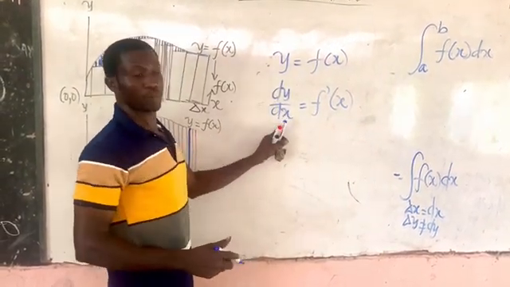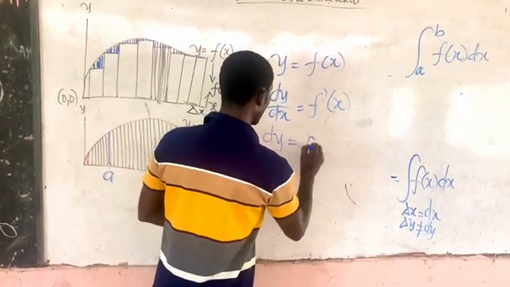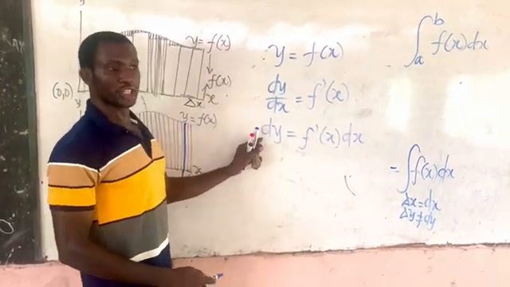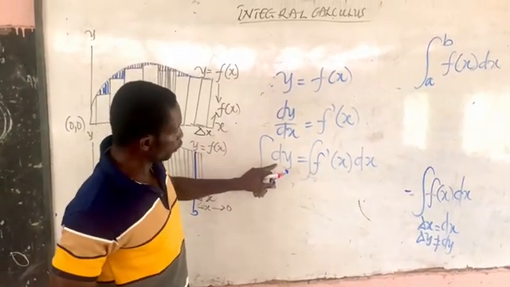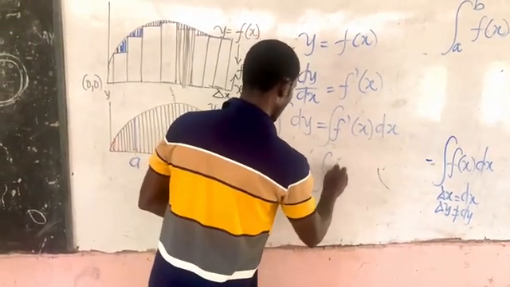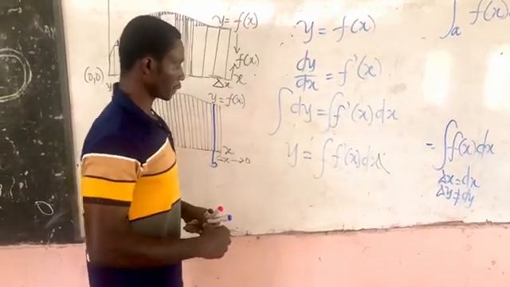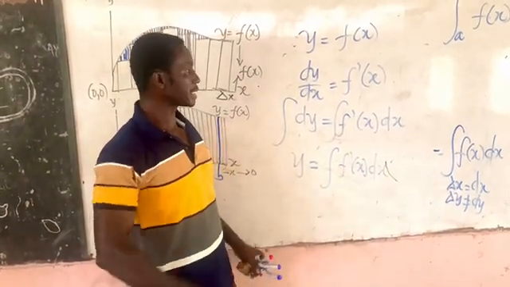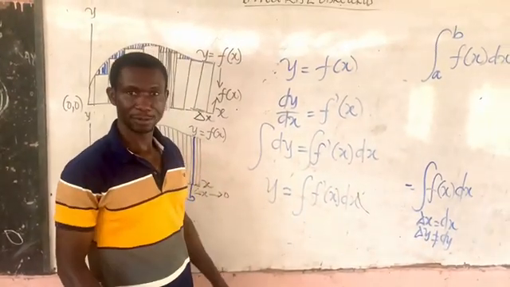Then you multiply through by dx, you get dy is equal to f prime of x dx. Now, if you integrate both sides, if you integrate dy, you get y is equal to the integral of f prime of x dx. You understand that? And this is what you call integration. That is, you are calculating the function whose gradient function has been given.